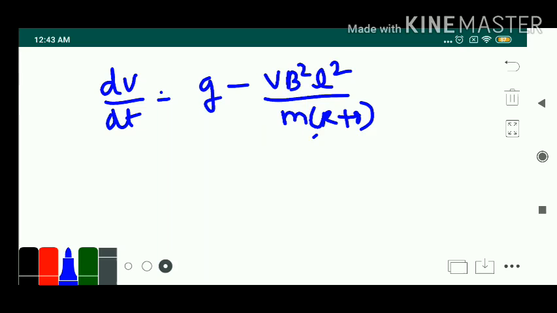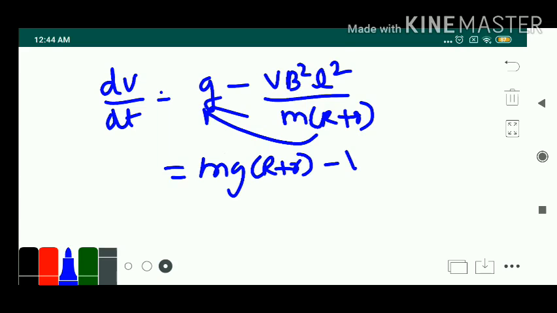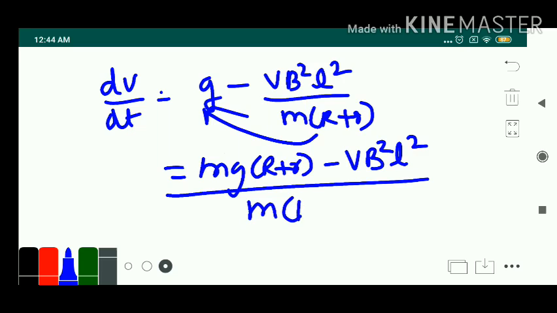So let's bring this term here, multiply with g, so it becomes mg times R plus r, minus V B squared L squared, whole divided by M times R plus small r. Just rearrangement, that is equal to dV by dt.